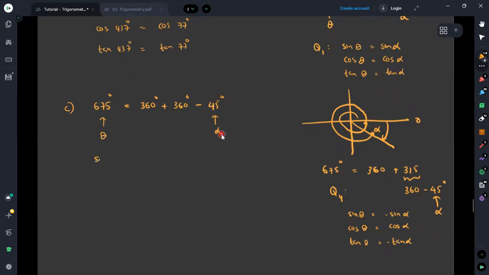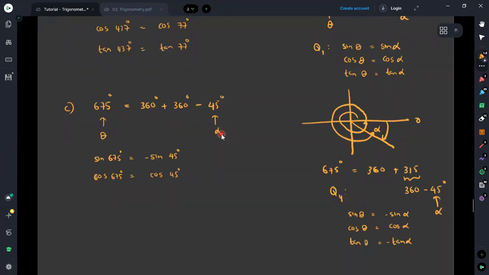Therefore, we can have sine 675 degrees. Sine would be minus, so it can be taken as minus sine 45. Cosine 675 can be written simply as cosine 45, since cosine has a positive value in this fourth quadrant.